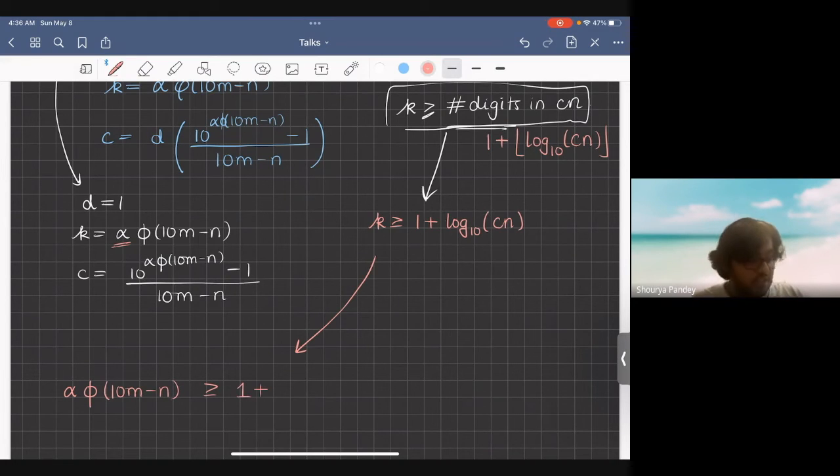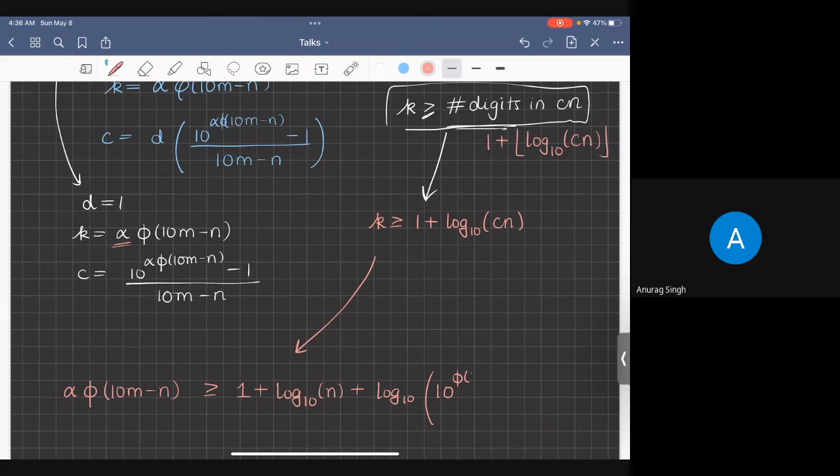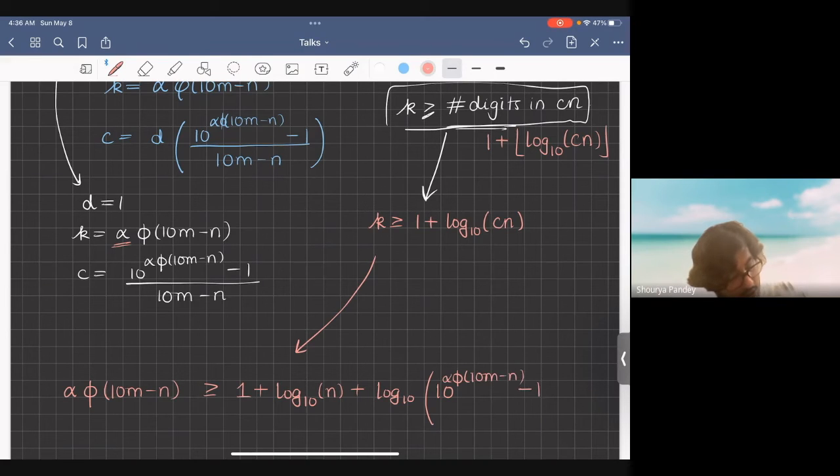Know that log Cn is just log n plus log c, right? I think it's easy to choose such an alpha. Let's see why it is easy to choose such an alpha.